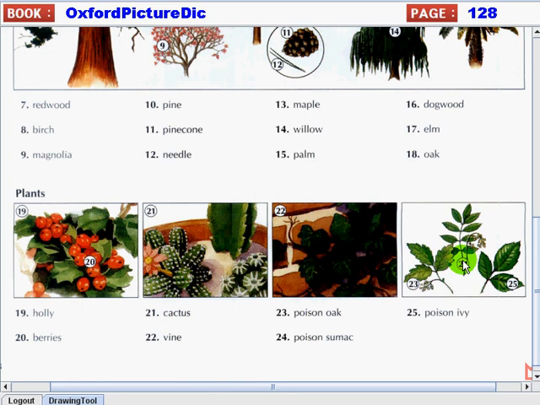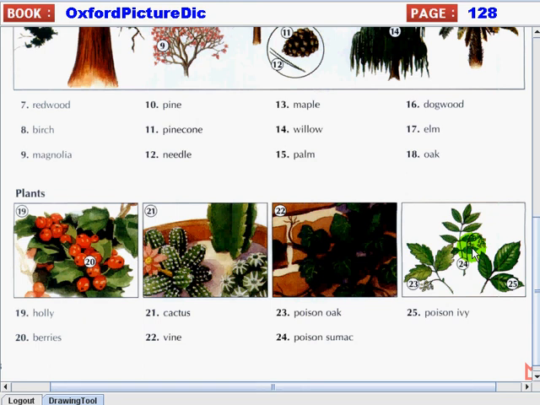Okay, so be careful when you try to touch poison oak. Okay. We also have here, number 24, the poison sumac. Poison sumac. It also secretes an oil that causes a severe rash.